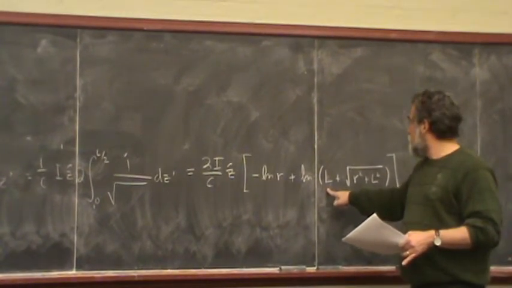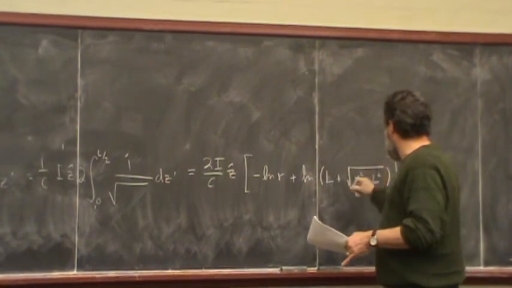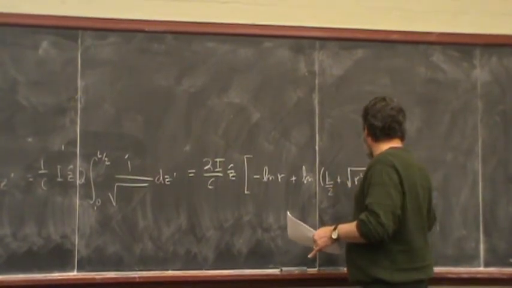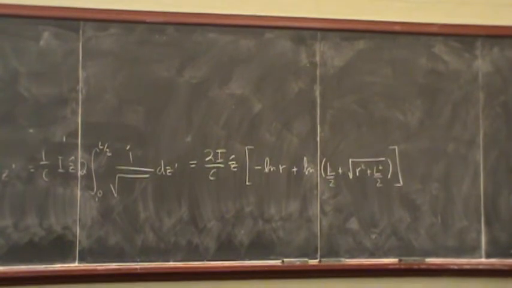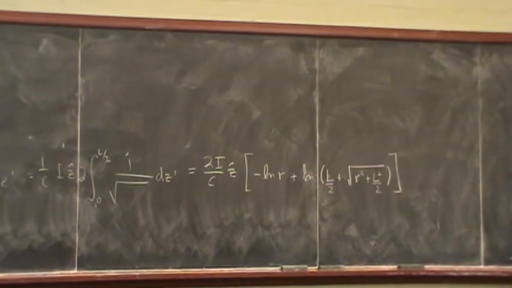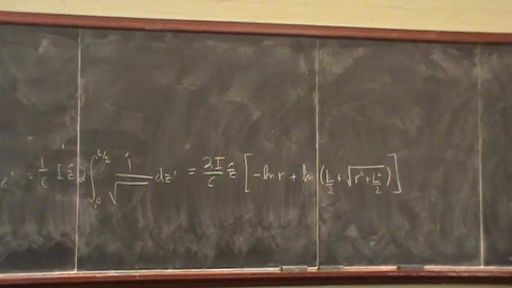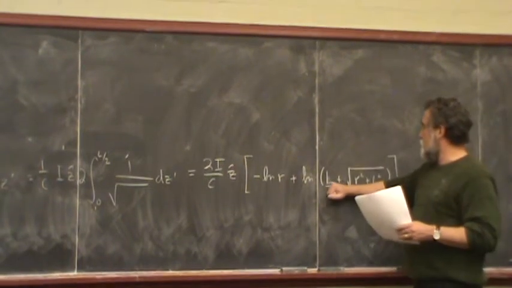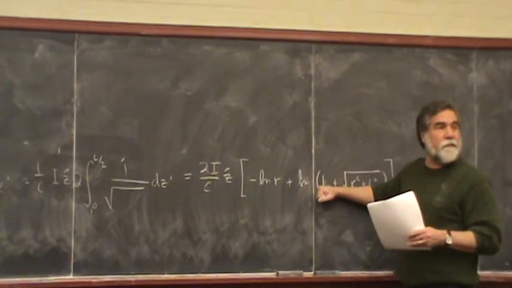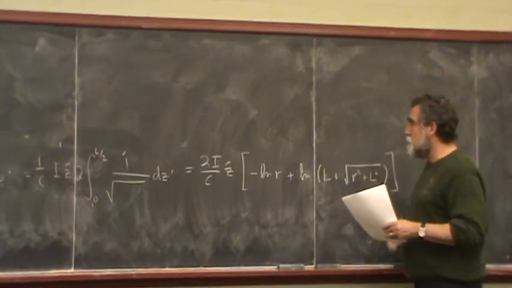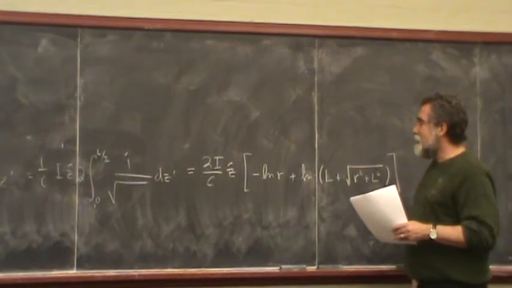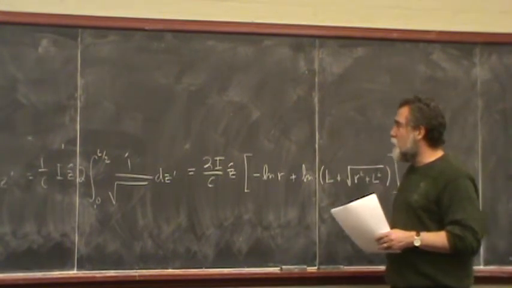I think everywhere an L appears here, I've got an L over 2. What you had originally, without the L over 2, is correct.